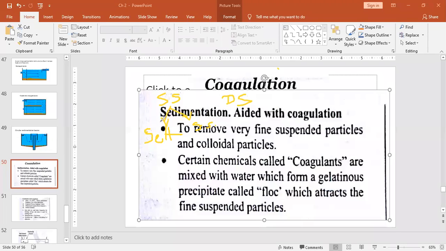Okay, now in an earlier sedimentation tank, the plain sedimentation, simply by reducing the velocity of flow, we can allow the solids to settle down.